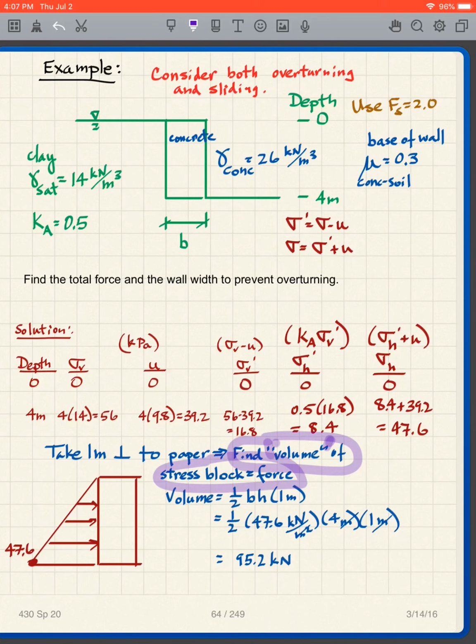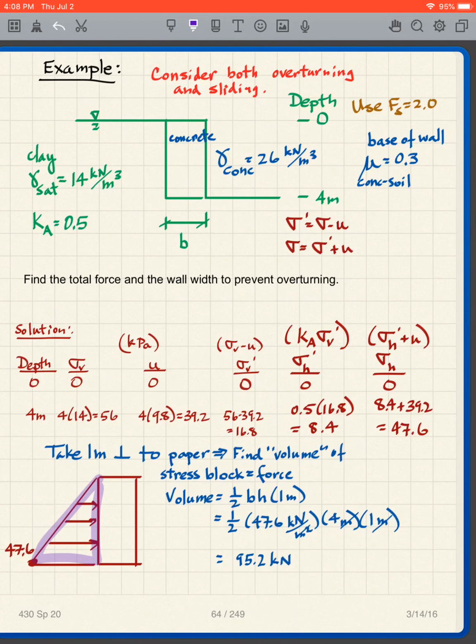Now, I'm going to take 1 meter perpendicular to the paper here. And so my volume is the area of the stress block times the width of it. So this is a triangle. So it's 1/2 the base times the height. That's the area of the triangle. I'm taking 1 meter perpendicular to the paper, so I multiply by 1 meter.